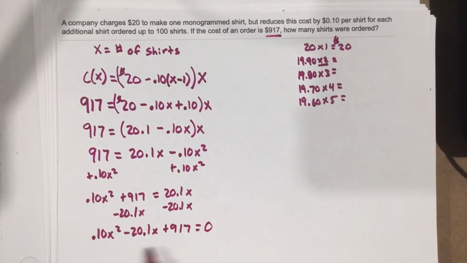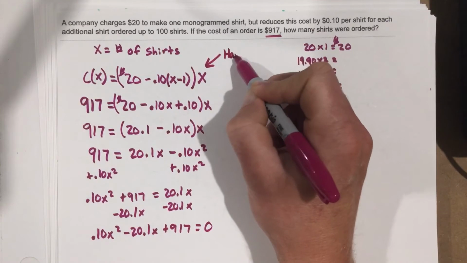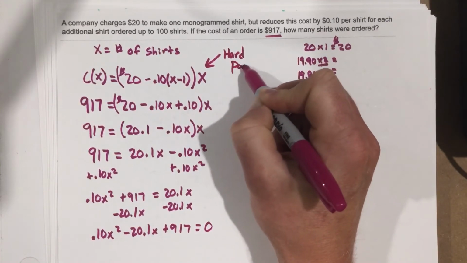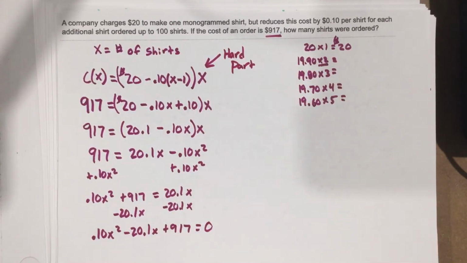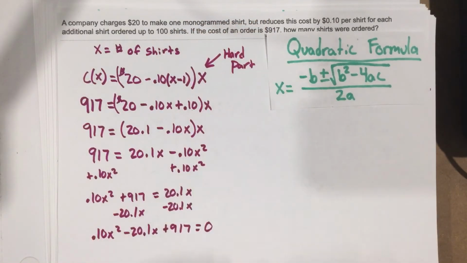So now we have a quadratic that we can solve. The hard part about the problem was right here. After that, this is just algebra that you've done. At this point, you can see we're probably going to use the quadratic formula. So I'm going to go ahead and write the quadratic formula right there.